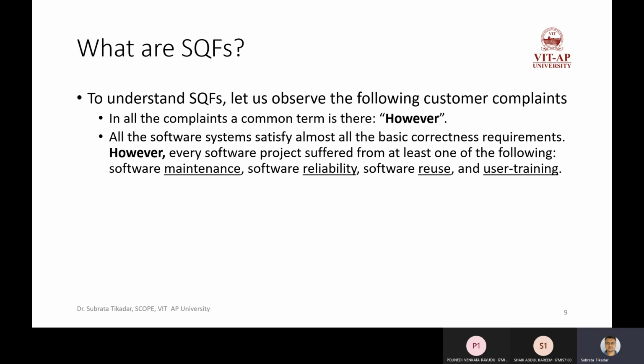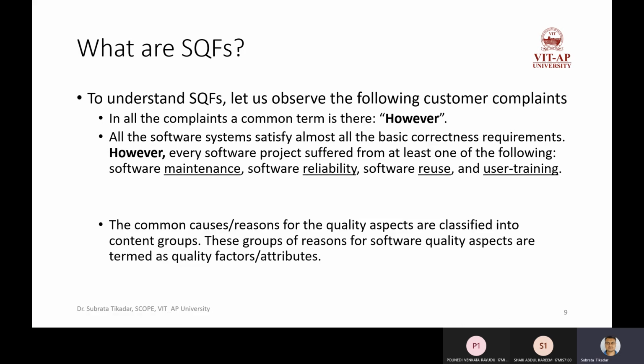In other words, the software packages fail to fulfill the maintainability, training, usability, reliability, reusability requirements. This was because probably during the development process of the software, these aspects were not taken care of by the development teams.